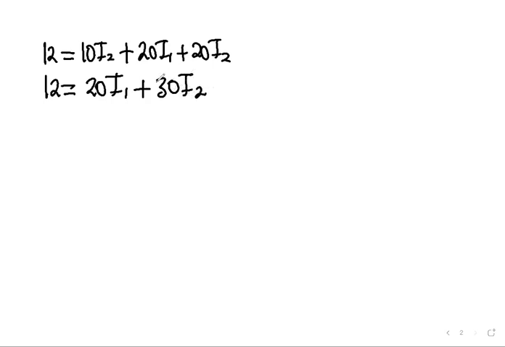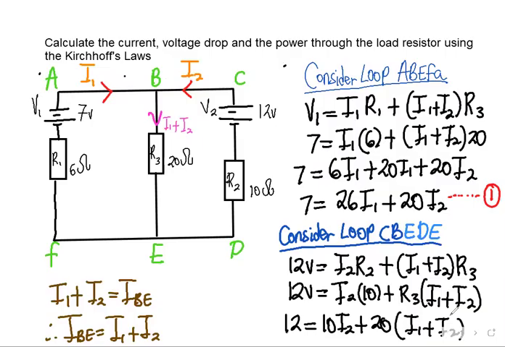So we're having 12 equals 20I1 plus 30I2. That on its own is going to be representing our second equation, which is equation number 2. So now we have our equation number 1, and also our equation number 2.